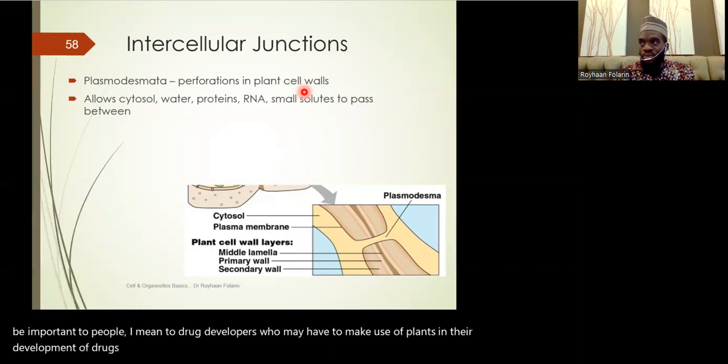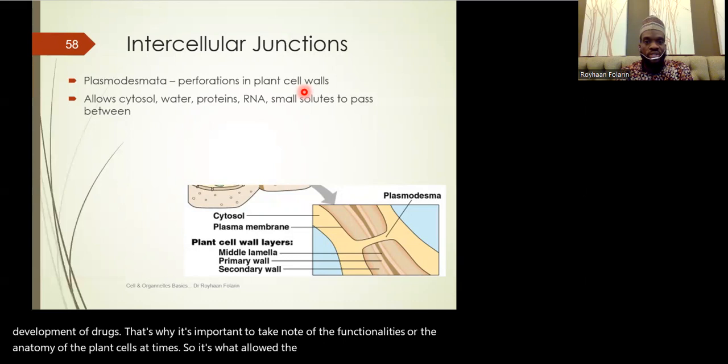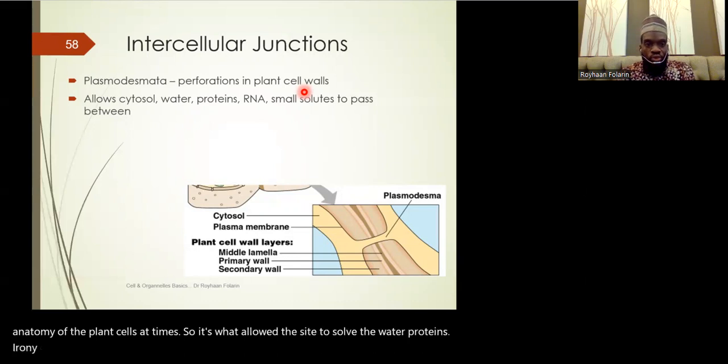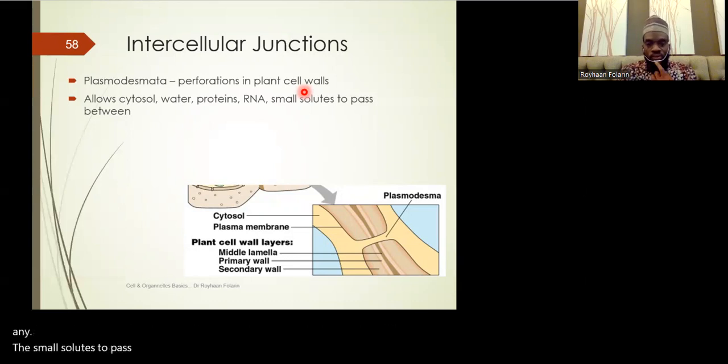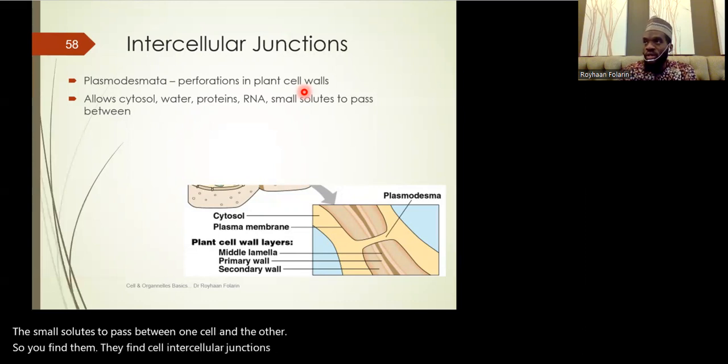That's why it's important to take note of the functionalities or the anatomy of the plant cell at times. It's what allows the cytosol, the water, the proteins, RNA, and small solids to pass between one cell and the other. You also find intercellular junctions within animal cells as well.